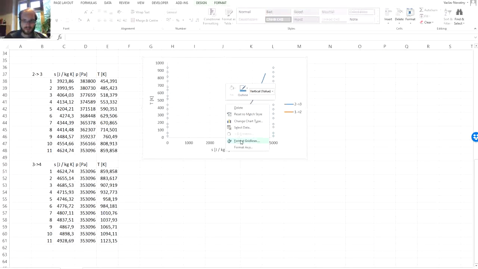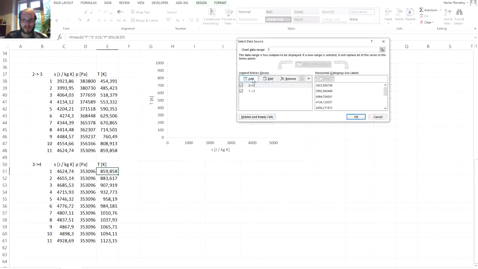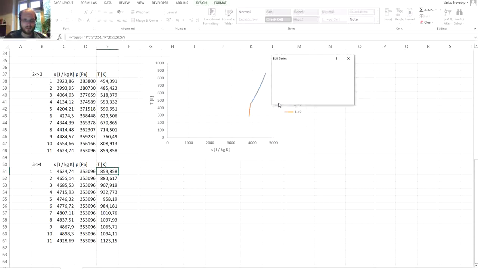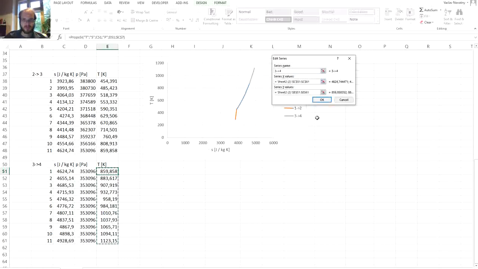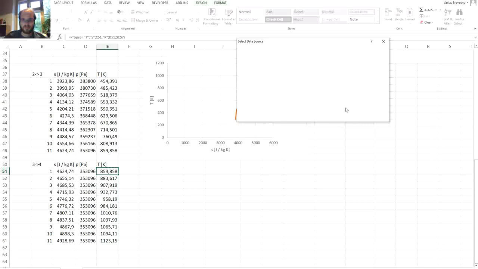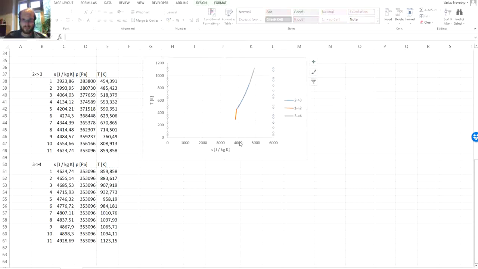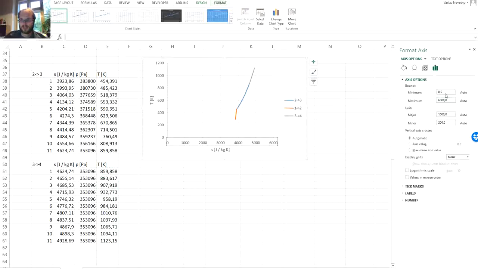So we add this new data series 3 to 4. Again, we can get a more reasonable range of the axis.